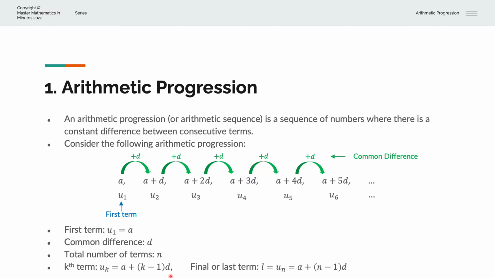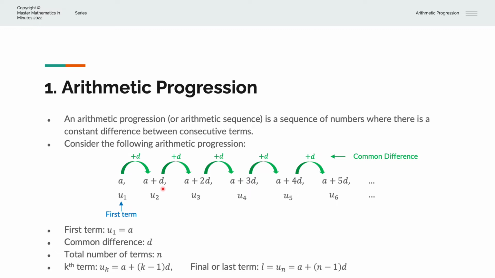For a generic kth term, we have the formula uk equals a plus k minus 1 times d. So say if we're looking for the second term with k equals 2, that gives us u2. Replacing k by 2, 2 minus 1 gives us 1, or 1d, and that matches a plus d.